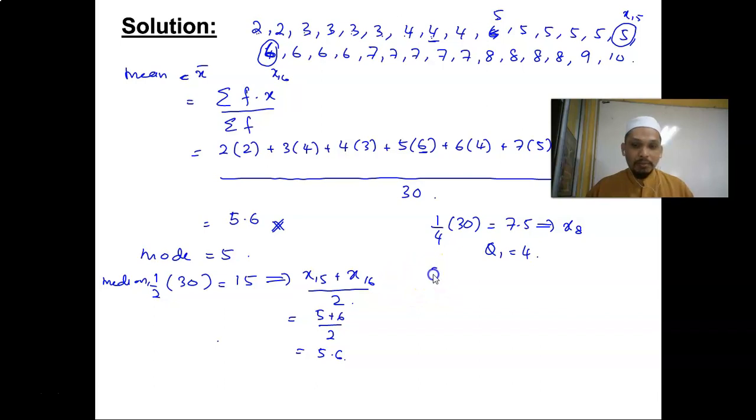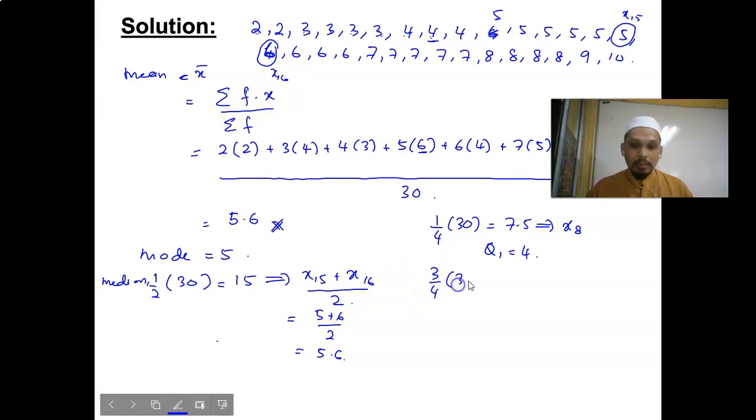And the third quartile, 3/4 times 30 equal to, find out the answer for yourself. It gives you 22.5. So we round it up, which gives us the 23rd observation. So 23rd observation, 1, 2, 3, 4, 5, 6, 7, 8, 9, 10, 11, 12, 13, 14, 15, 16, 17, 18, 19, 20, 21, 22, and 23.